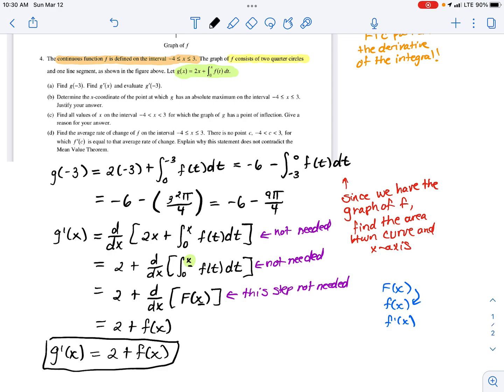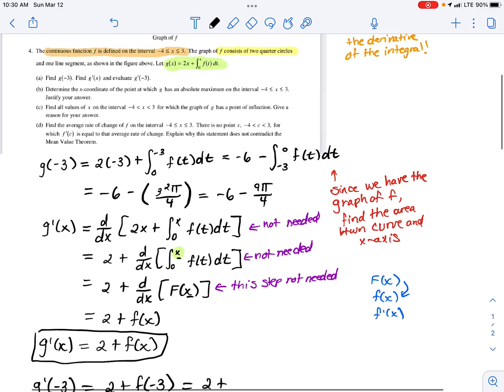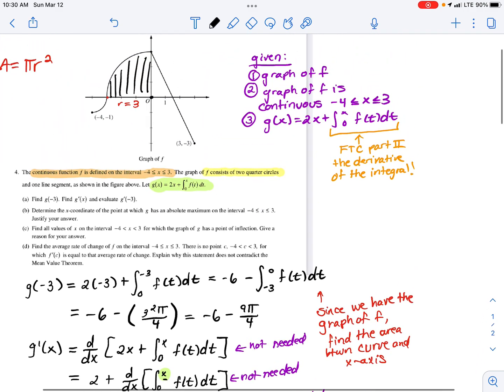So then I'm going to plug in -3 for the derivative. So I get g prime of -3 is equal to 2 plus f of -3. So this is 2 plus, and then I go to the graph to find f of -3, which is 0.